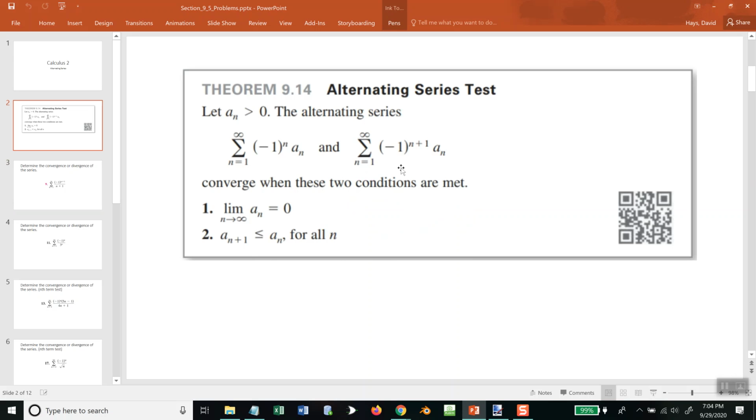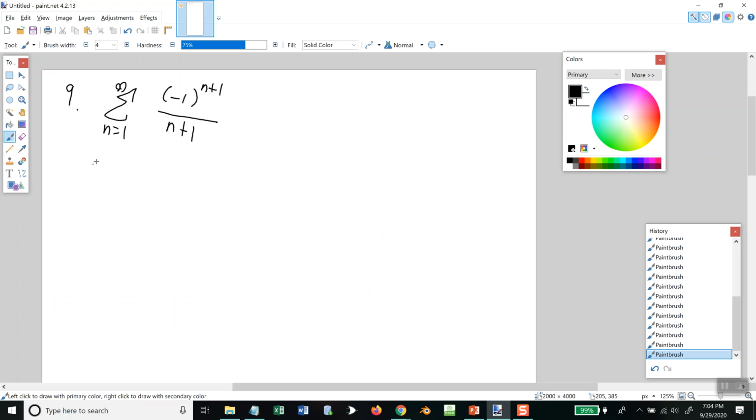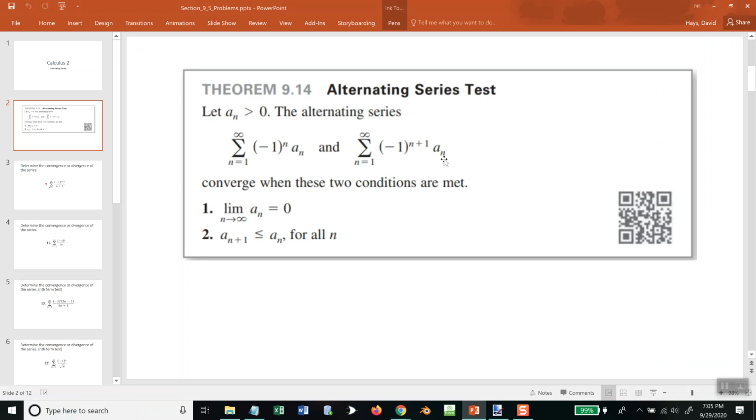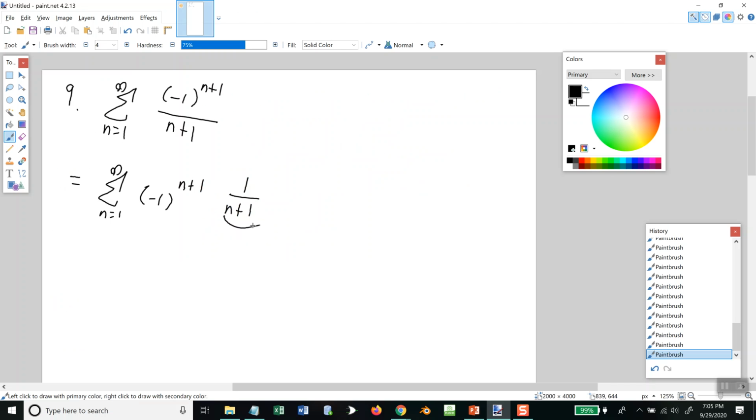Now, if I back up to here, you notice they got the -1 to a power separate, so I can bring it out in front here. And then I'd have 1 over n plus 1. Now, based upon our definition, when you have that separate like that, your a sub n is whatever follows it. So that would be the 1 over n plus 1.